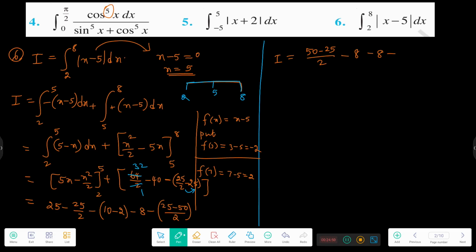Again minus 8. This one when you subtract, minus 25 divided by 2. Okay, now simplify properly. 25 divided by 2 minus 16. Minus into minus is plus 25 divided by 2. Two times 25 by 2 we have, minus 16, and the 2s when you cancel.